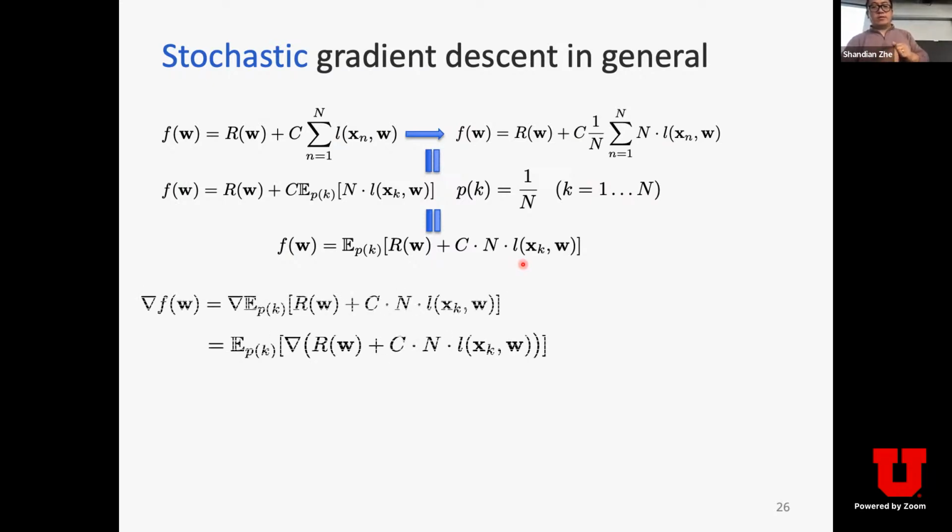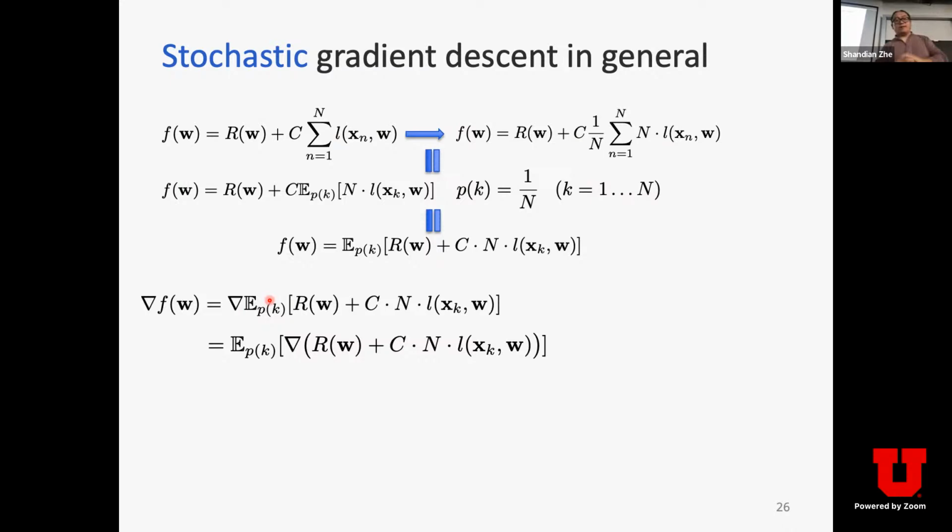And then let us look at what will happen if you want to compute the gradient of the objective F, from the viewpoint that F can be represented as an expectation. So the gradient of F is the gradient over this expectation.